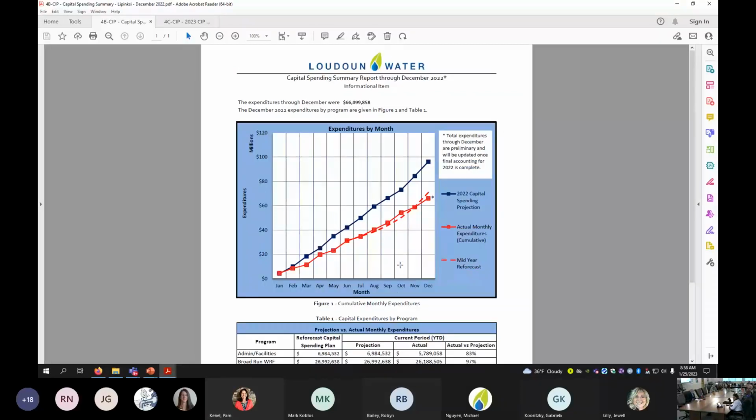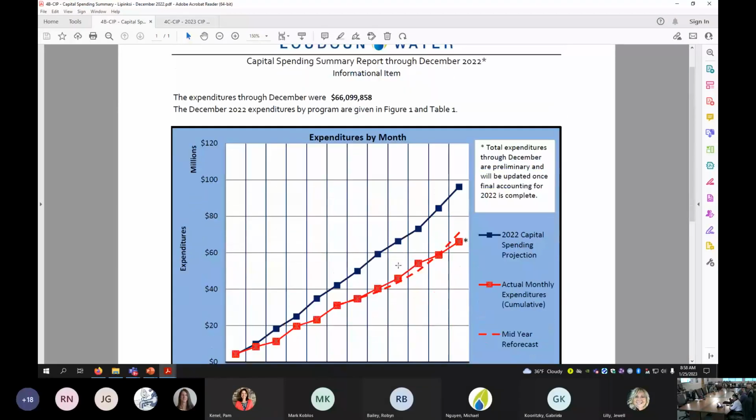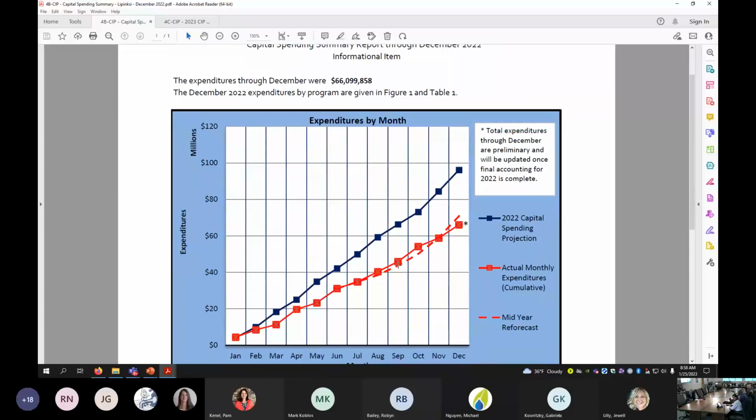Good morning. This is the look at the capital spending report through the end of the year. I'll just make the note that these aren't quite the final numbers. This time of the year here in January, there are still commonly invoices rolling in for work that was done maybe in December.